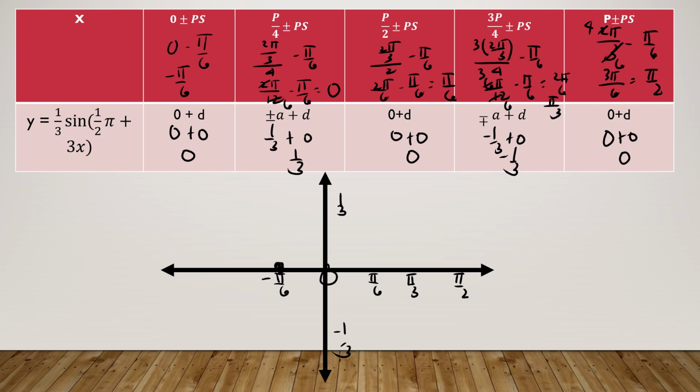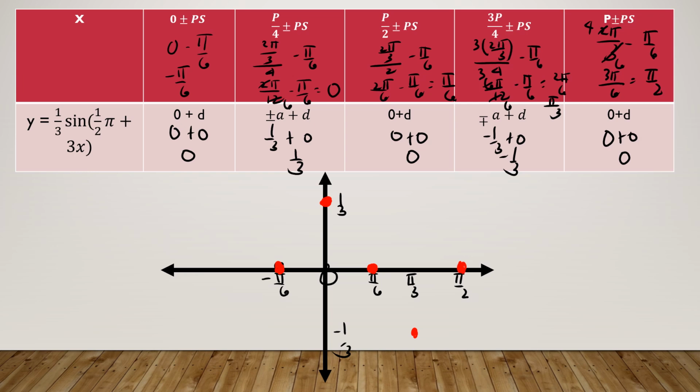I'm going to use red. If it is 0, it will be positive 1/3. If it is pi over 6, the value of y is 0. If it is pi over 3, the value of y is negative 1/3. And if it is pi over 2, the value of y is 0.